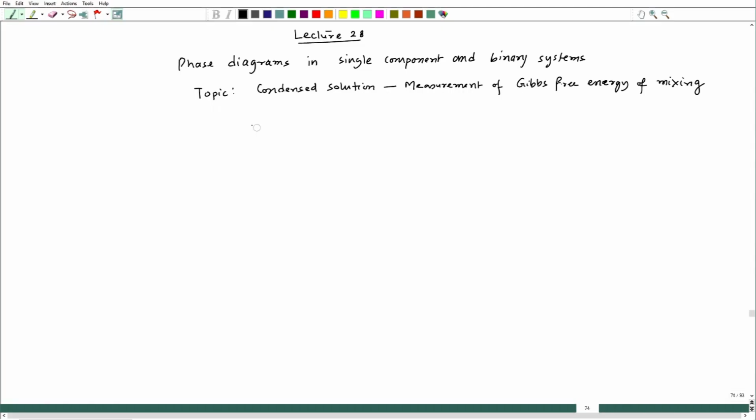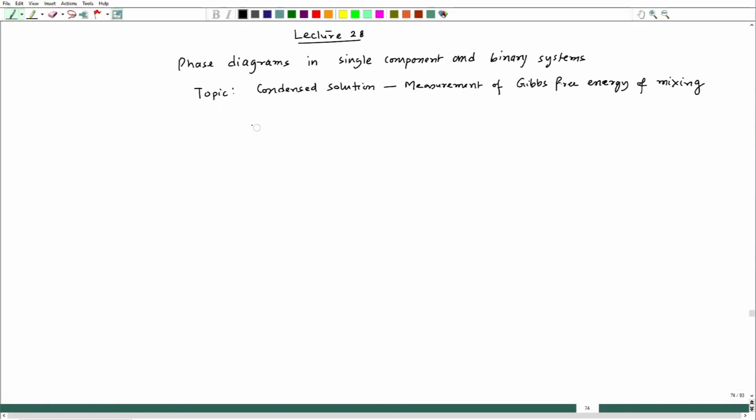We tried with a binary system where we mix A and B, and found out those two formulas. So, today's lecture would be on condensed solution, and we will try to measure Gibbs free energy of mixing.